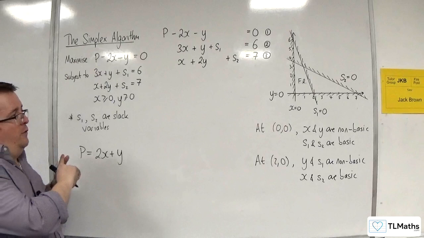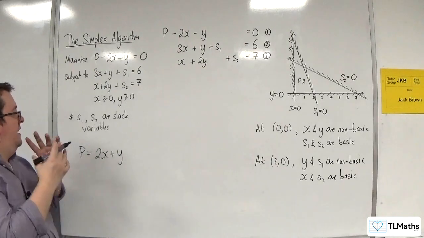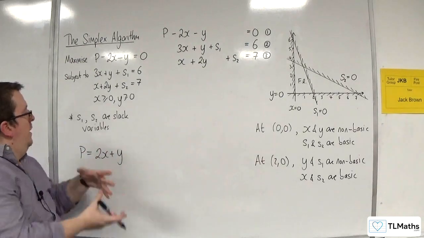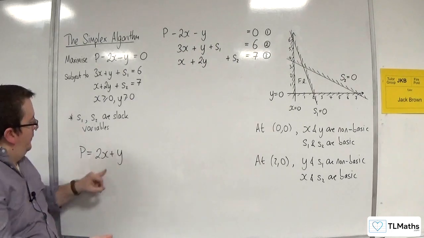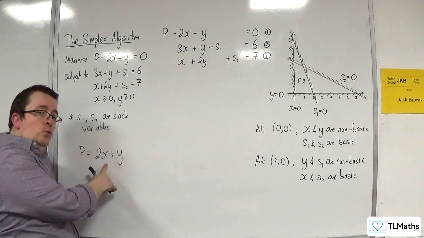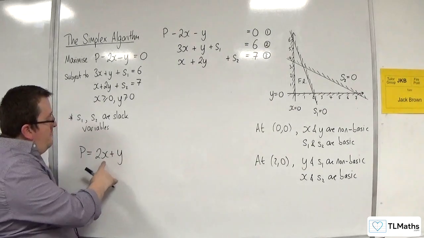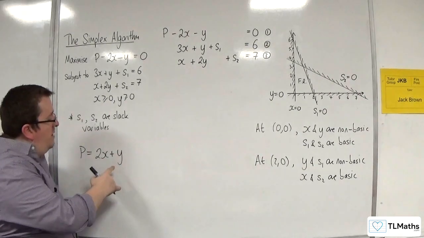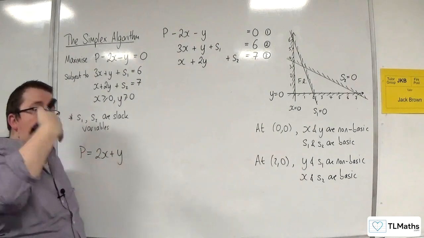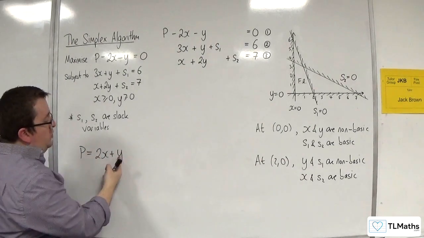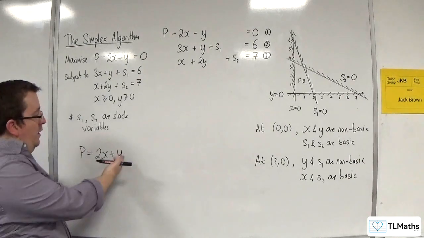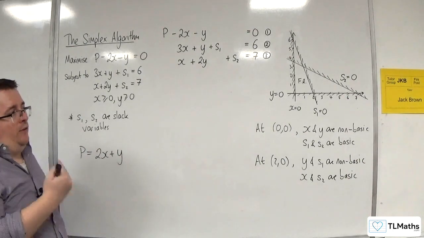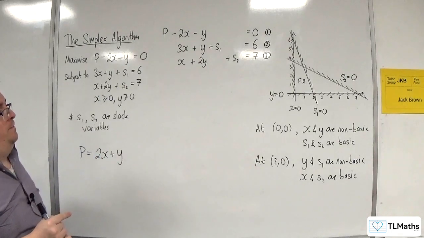If I travel along the x-axis and give myself an x value first, I know that that will improve p faster because I'm multiplying it by 2. So whatever x value I have, I'm going to multiply it by 2. That would increase faster than if I was just multiplying by 1, so 1 lot of y. So it makes sense to go in the x direction.